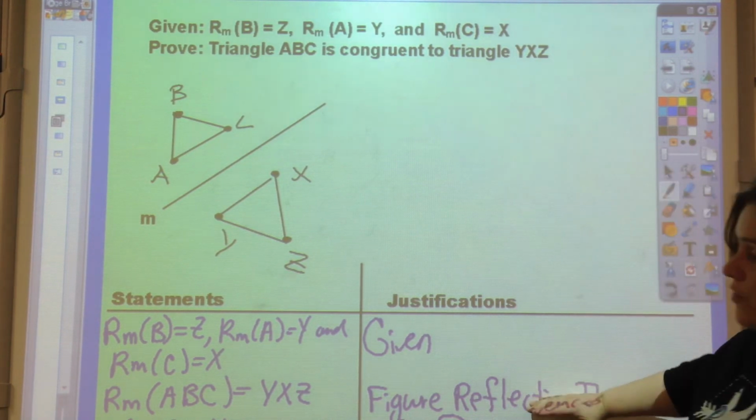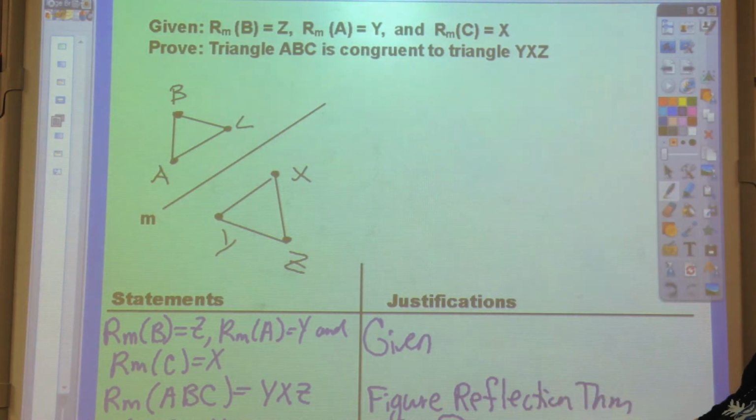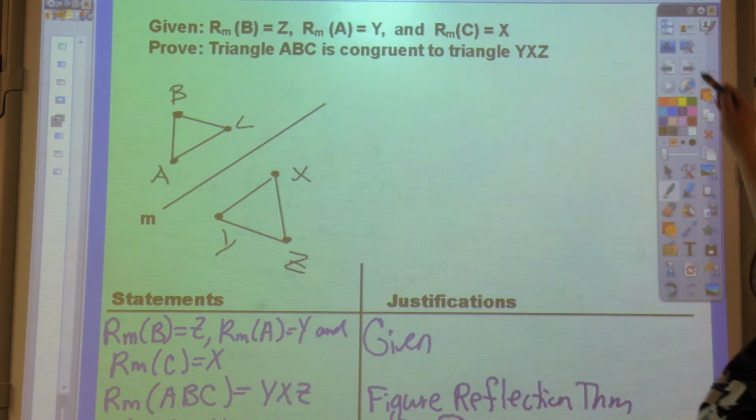So once I show that they're reflections of each other, they are definitely congruent. Remember, we defined congruence to be something that an isometry had happened and then its new shape was congruent to its original shape. The definition says it way better than that, but go back and reread that.